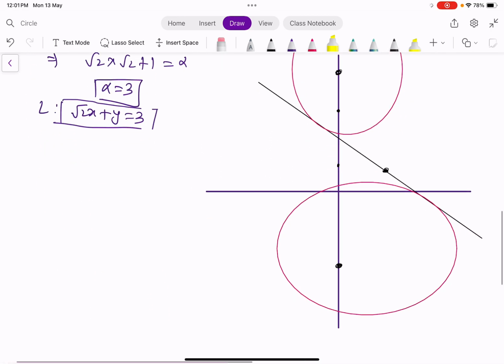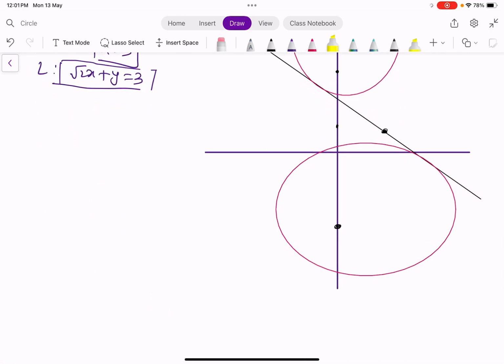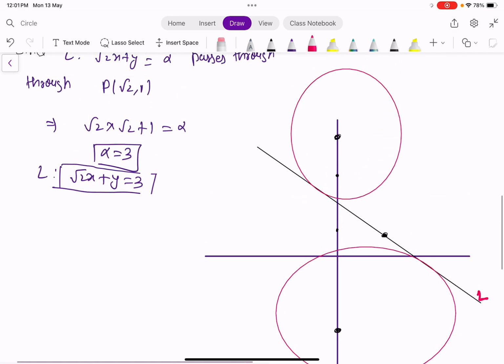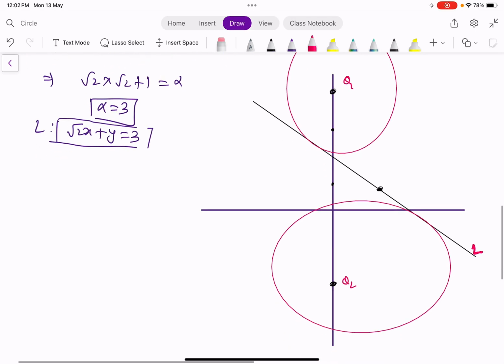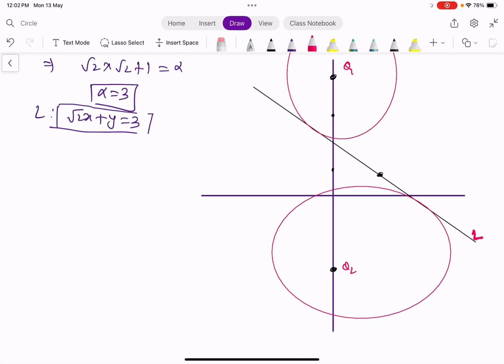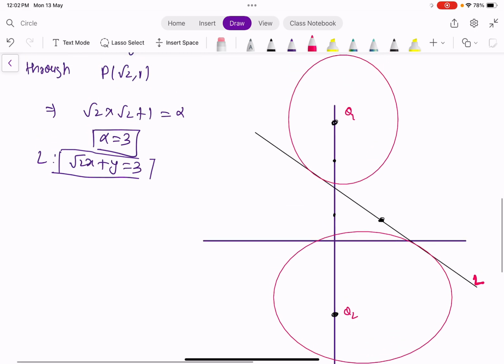Let us assume this is the line L we are talking about, and there are two circles whose centers, you can assume, are Q1 and Q2, which touch this line L, and the centers lie on the y-axis.